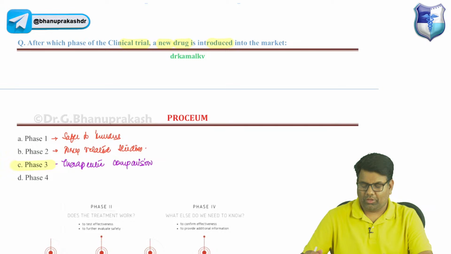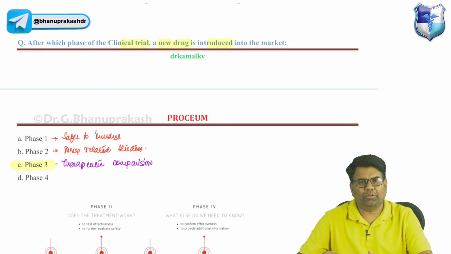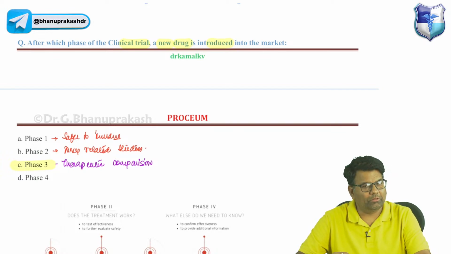Whatever drug we are planning to introduce in the market, we have to compare that particular drug with the already available options in the market. That is therapeutic comparison, and we want to make sure that the drug we are planning to introduce is superior to the already available option. So in phase 3, we go for comparison.